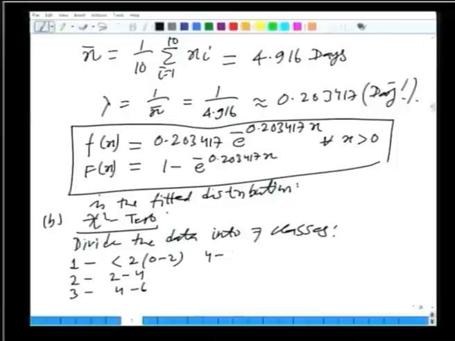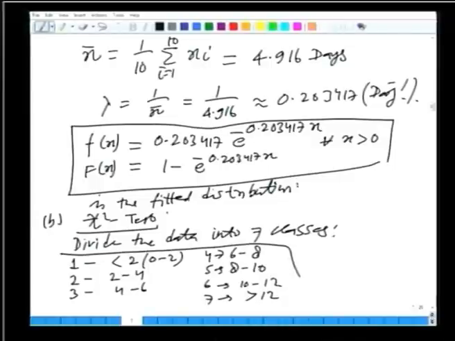Fourth is 6 to 8. Fifth is 8 to 10. Sixth is 10 to 12. And the 7th class is greater than 12. So this is the class distribution we are going to follow for this particular example.